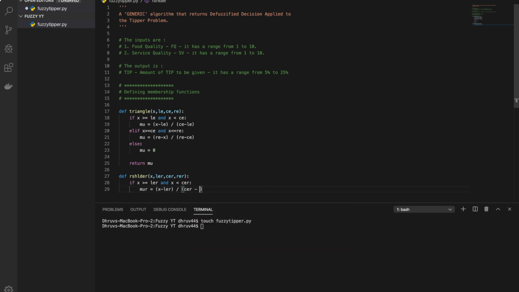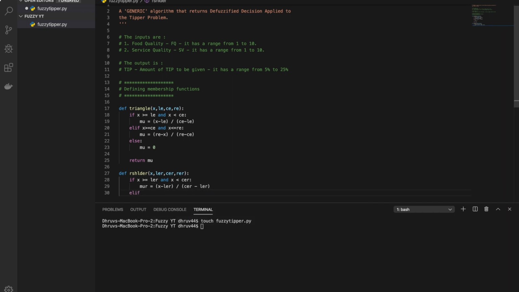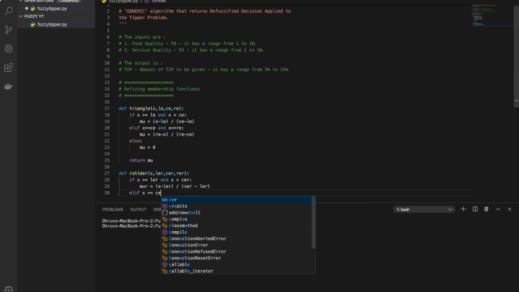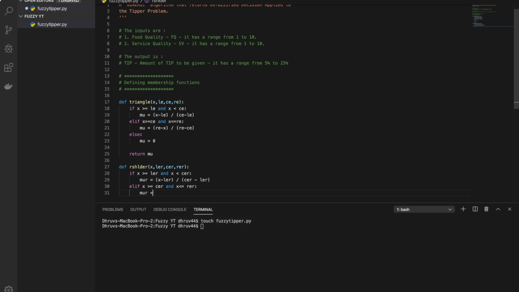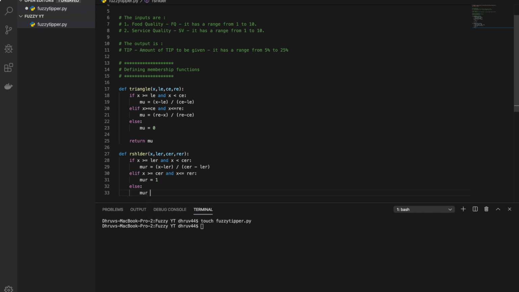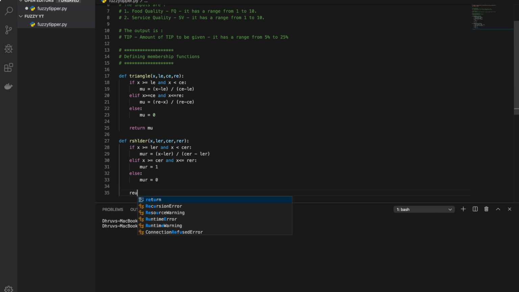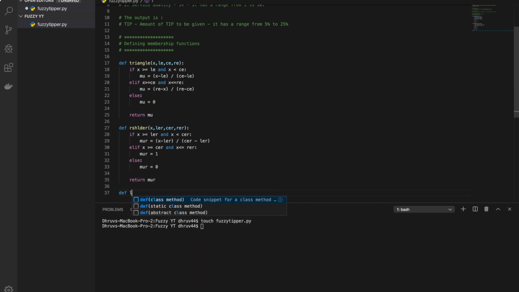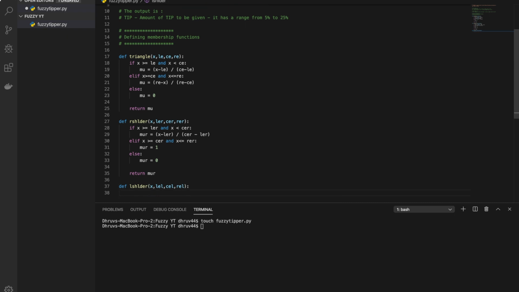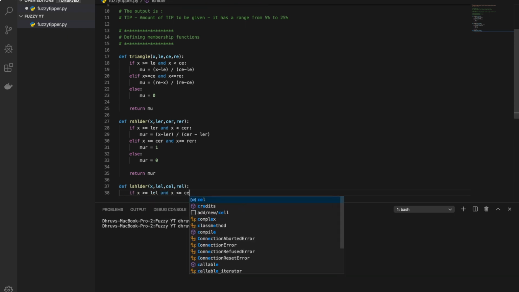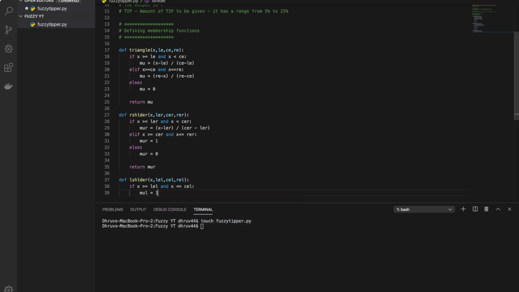We will return that value, and we'll do the same for right shoulder and left shoulder. The thing about right shoulder is if your x is between central edge and right edge, then the value is 1, which is the maximum which can be assigned. So that is different from the triangle function.